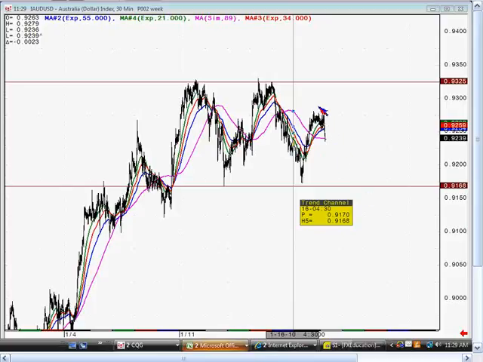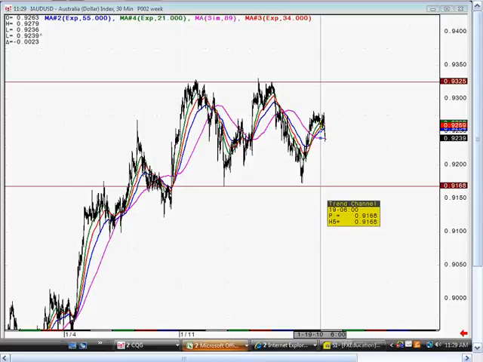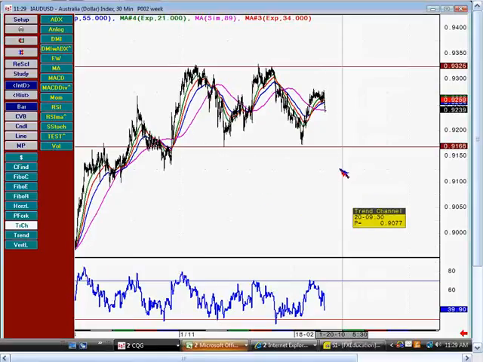So when it approaches that 91.70 level, Aussie US at about the 91.40 level should in fact be a support, right?